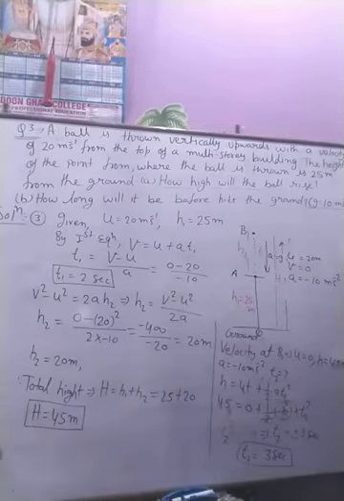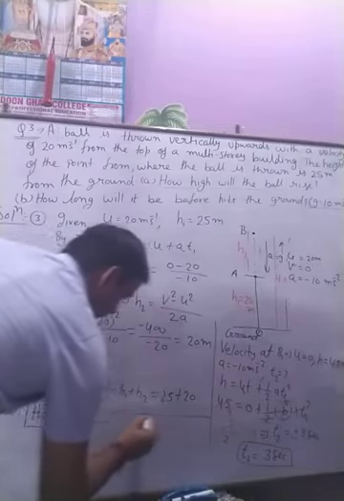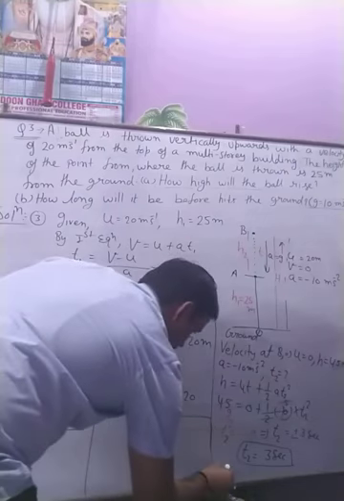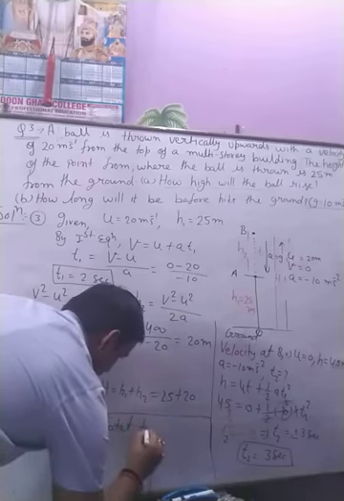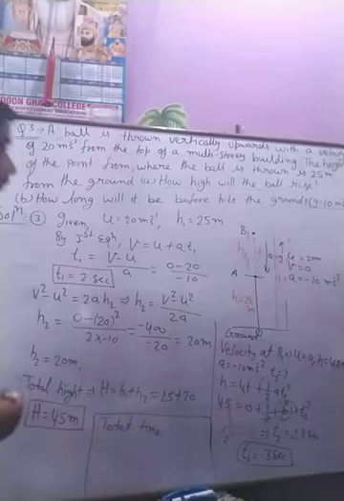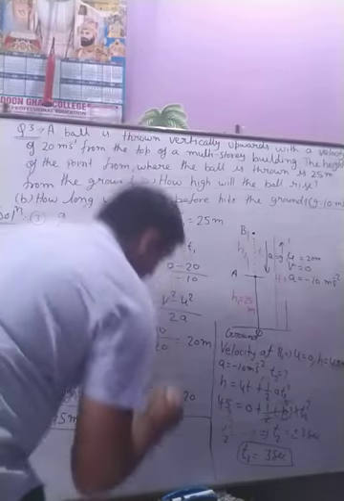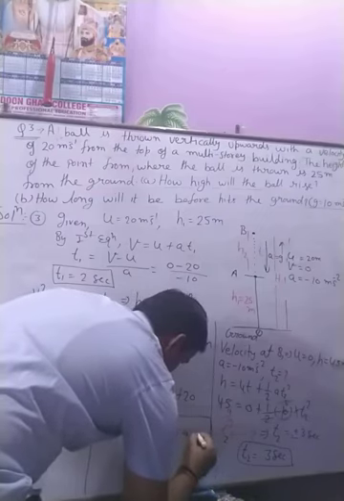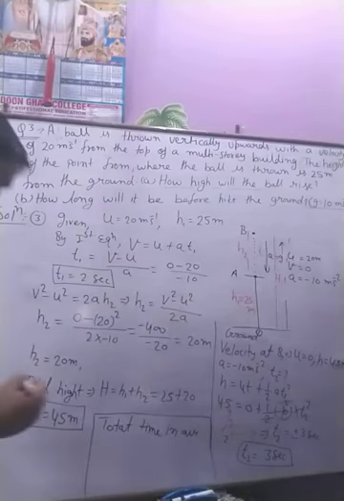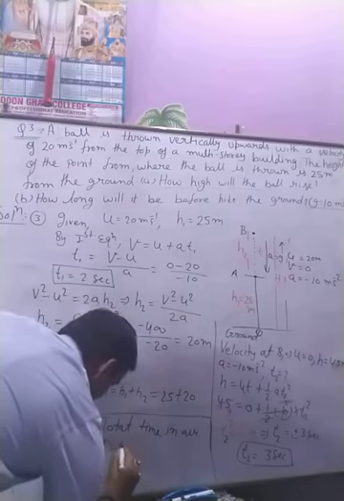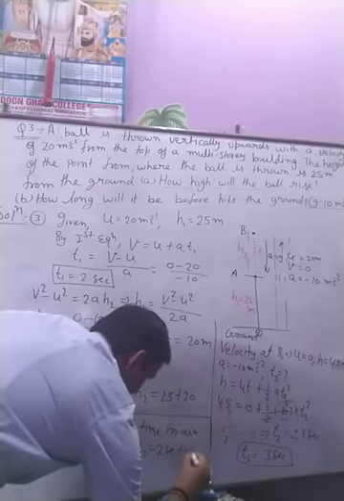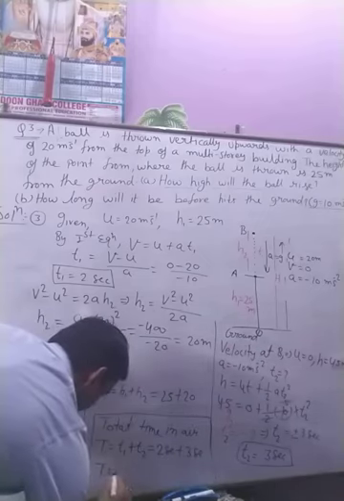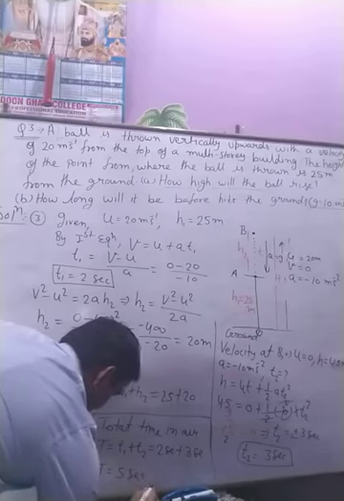Okay, now the total time in air, or we say before it hits the ground, is t is equal to t1 plus t2, which is 2 seconds plus 3 seconds is 5 seconds.